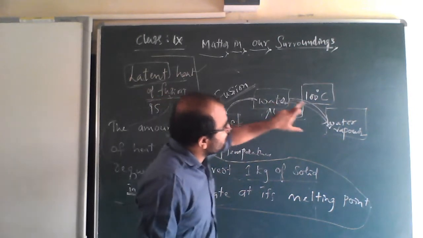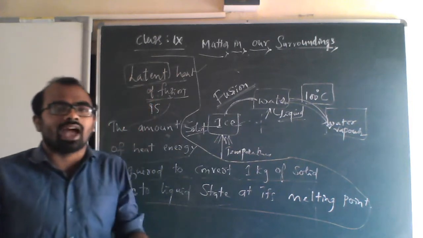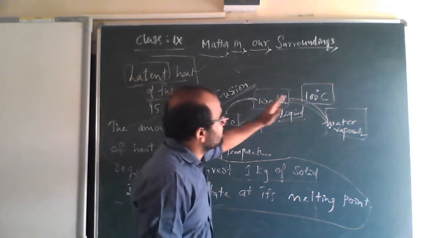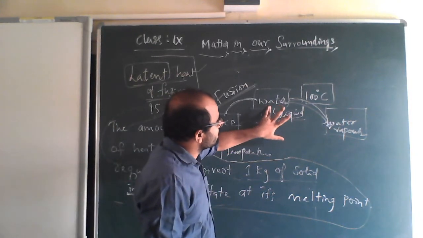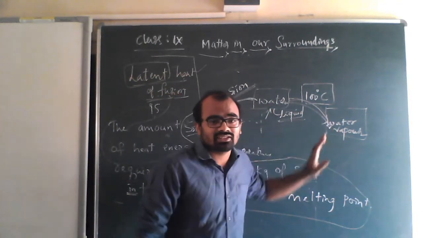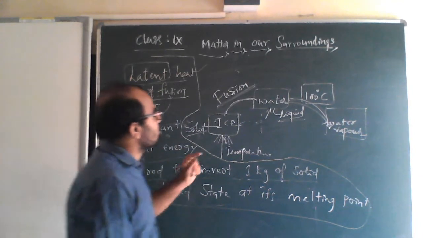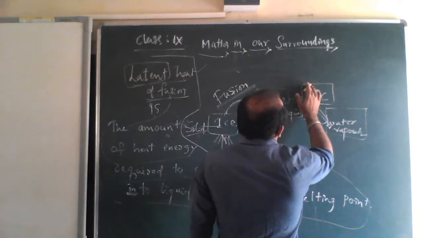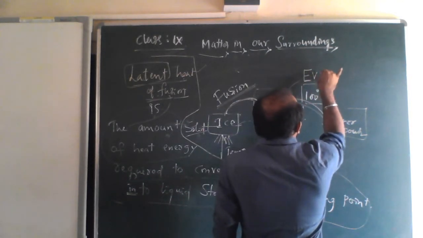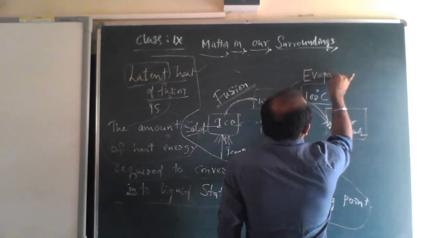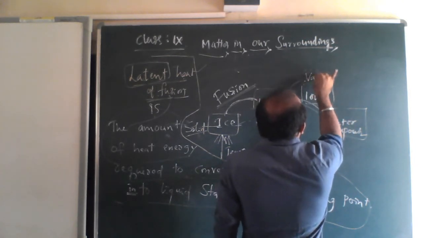Water vapor means it is in gaseous state. So the conversion from water to water vapor, liquid state to gaseous state, we call vaporization, or another word is evaporation. Both are the same.